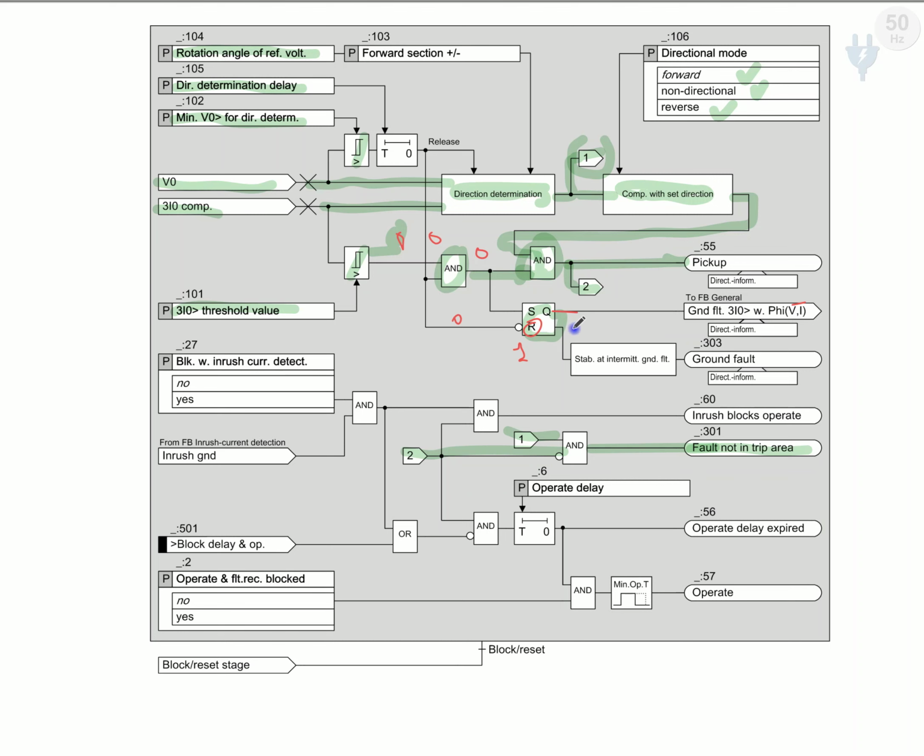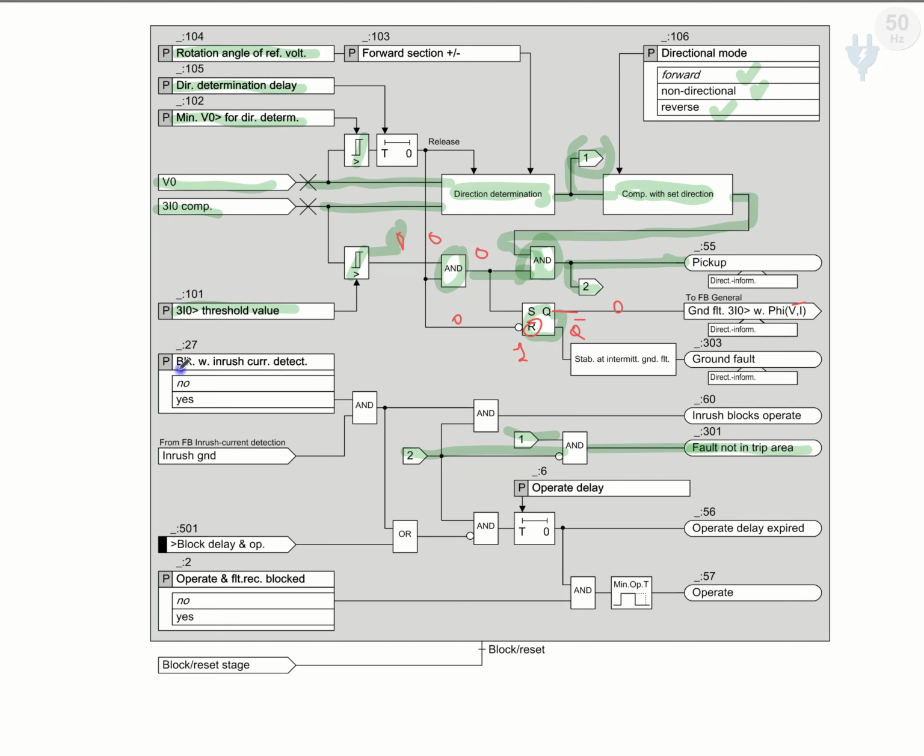And this R terminal triggers the Q bar, or Q dash, which is stabilized against the intermittent ground fault. The output that determines we have a ground fault detected with the method of 3I0 with phi of V0 and I0 becomes 0, so this value is not shown.